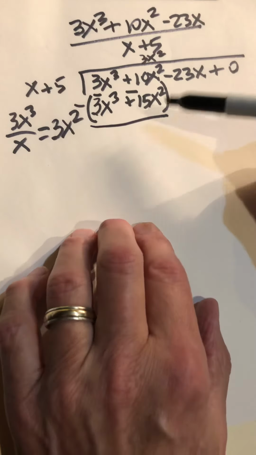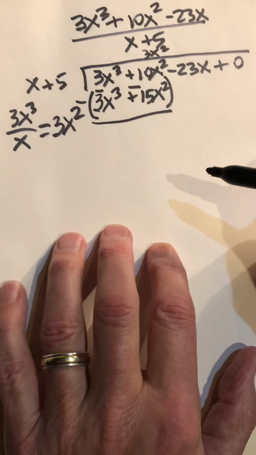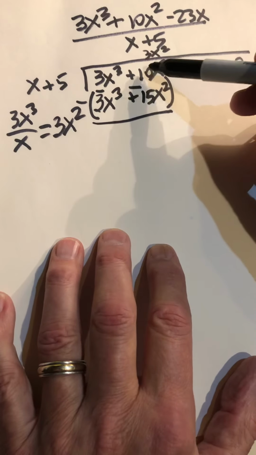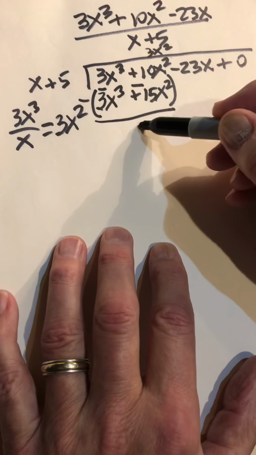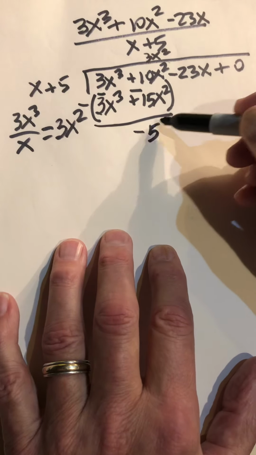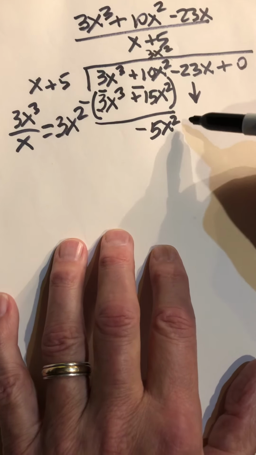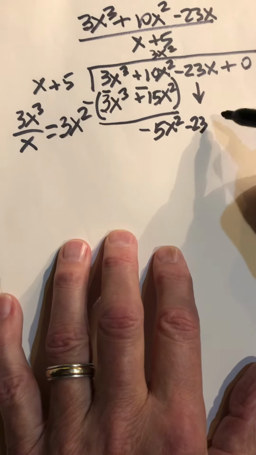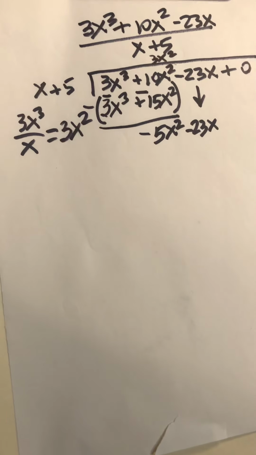And if you're doing this right, that first column there is always going to be 0, a zero pair. So here we have plus 10x squared minus 15x squared. That's going to be minus 5x squared. What did I do? Pull down the next term, minus 23x, and now I'm going to repeat the process.